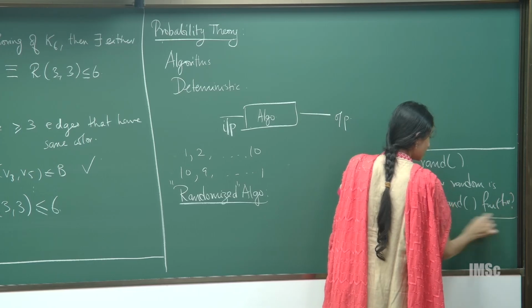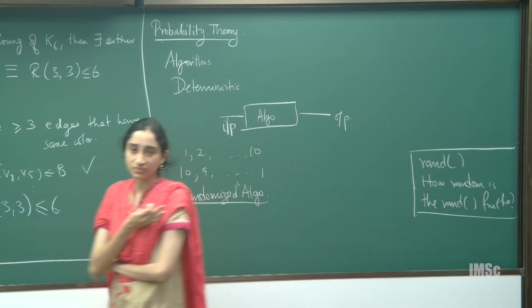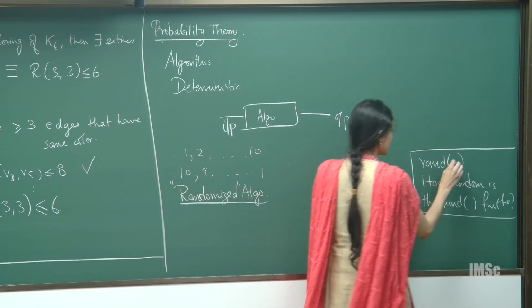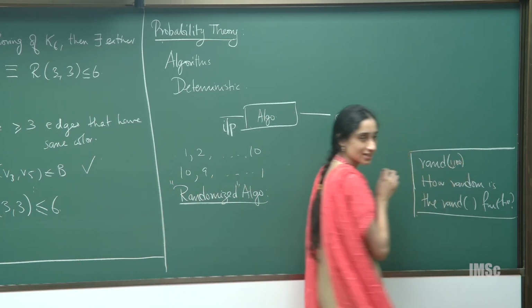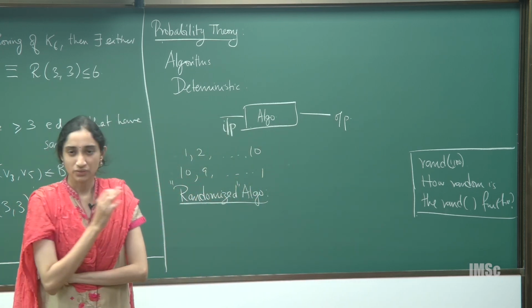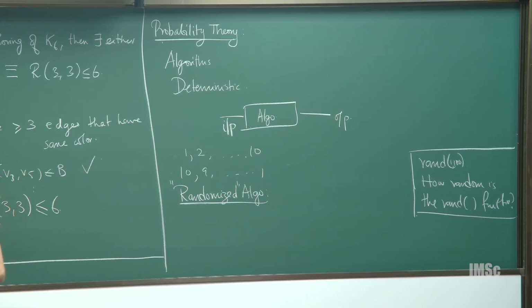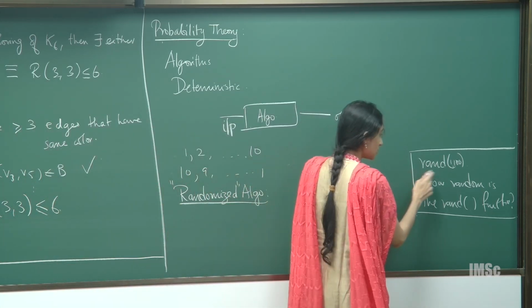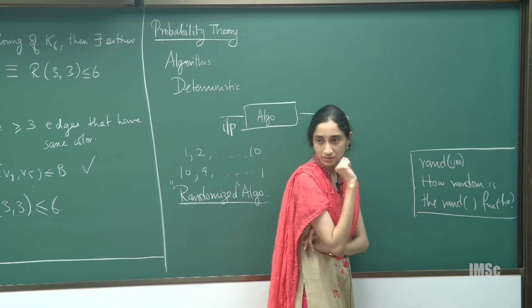So you have heard of the rand function? It's a standard function in C, C++ and others, where it will generate a random number. Ideally, you can give 1 to 100 and it will generate a random number from 1 to 100. If you have done some programming, you may have used this function. You call this function, then it will return a random number between 1 and 100.